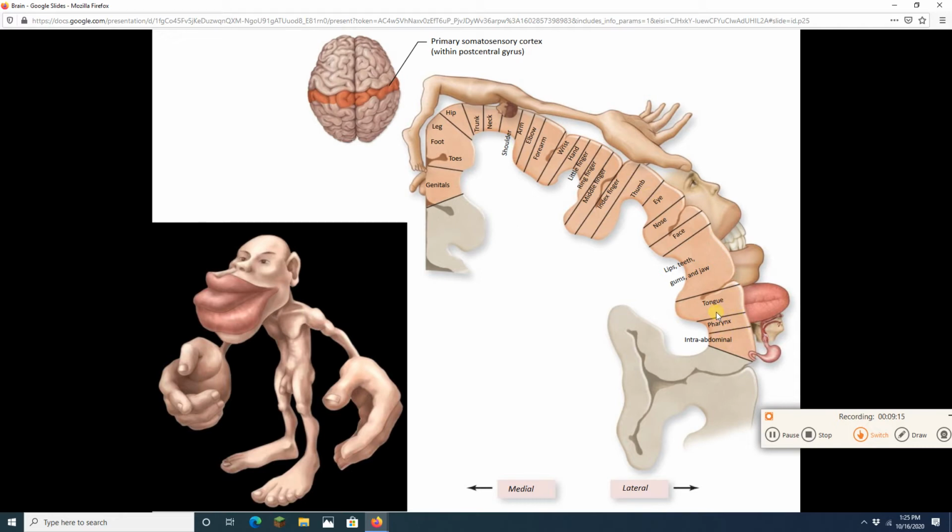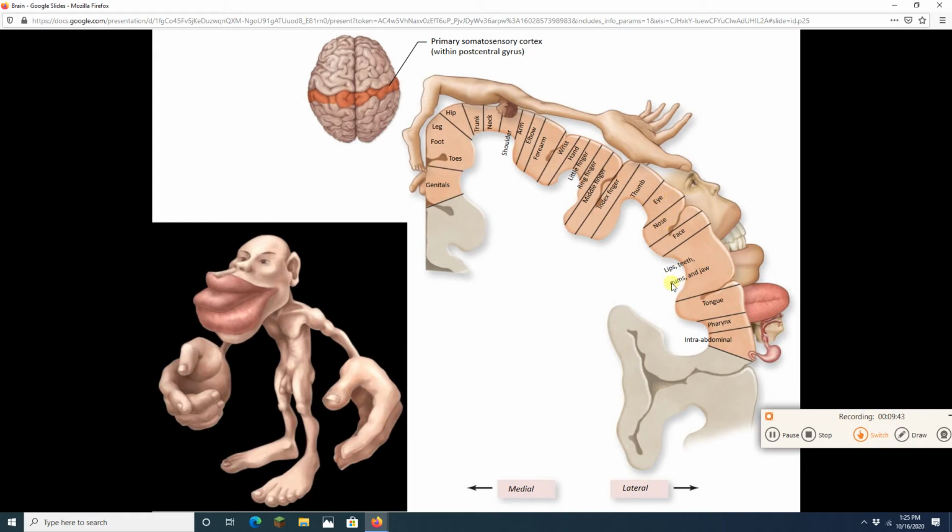This time, it's not based on how much movement they're capable of, but on how sensitive they are to things like touch and proprioception. Notice that some areas like the hand and the fingers are still big. Tongue is still big. Lips still big. The eyes got smaller. That's a big difference, isn't it?